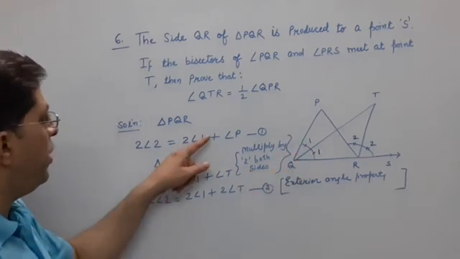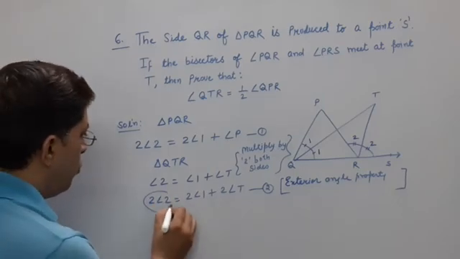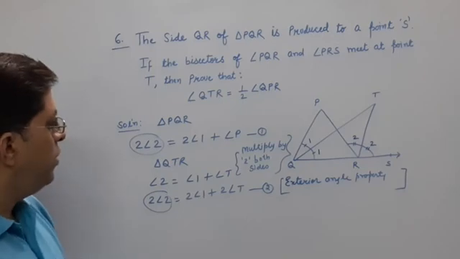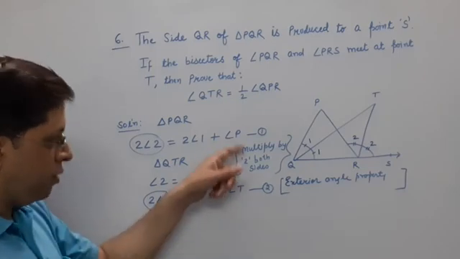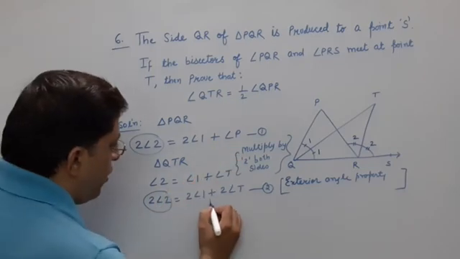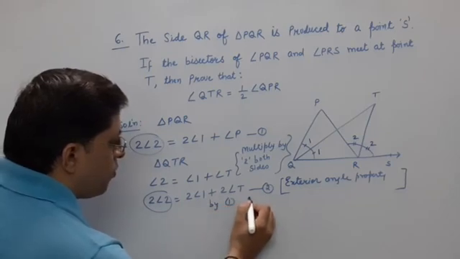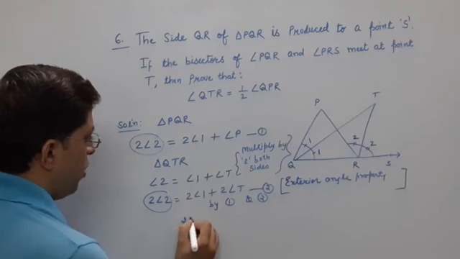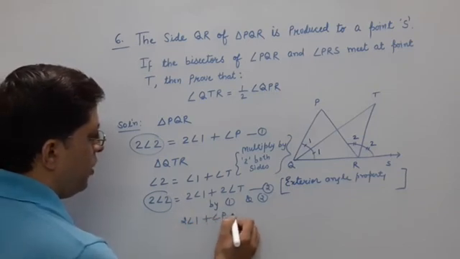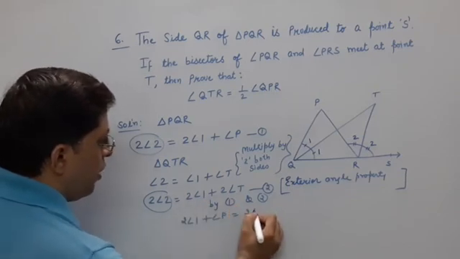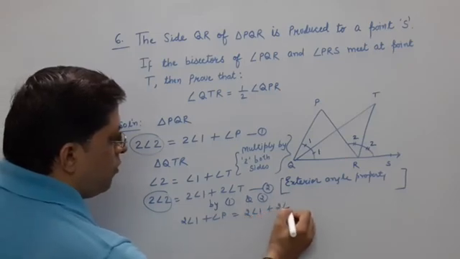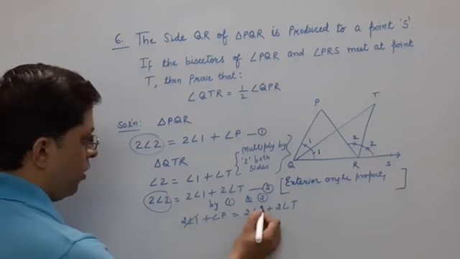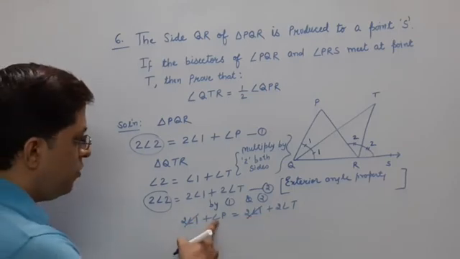Okay, now by 1 and 2, you see 2 angle 2 here and 2 angle 2 here also. Then what will be? Try to make it by 1 and 2. Twice angle 1 plus angle P is equal to twice angle 1 plus twice angle T. Twice angle 1 and twice angle 1 cut.